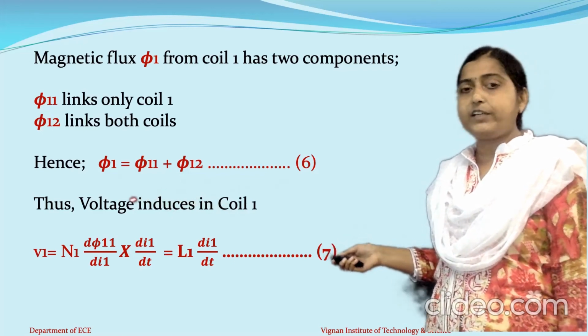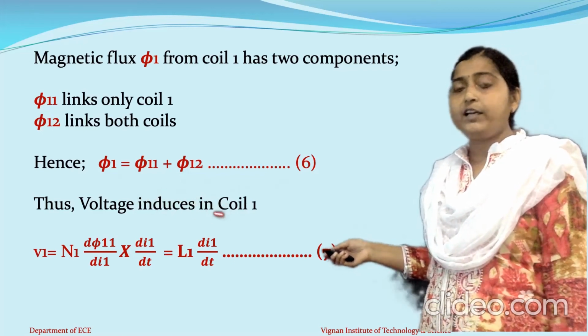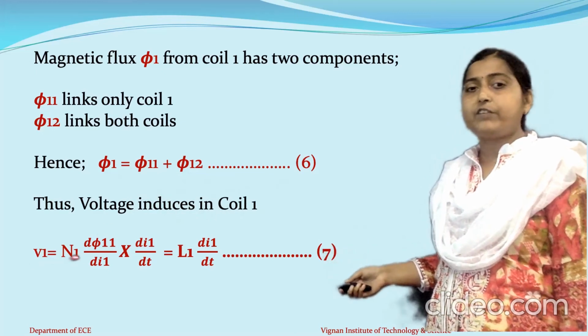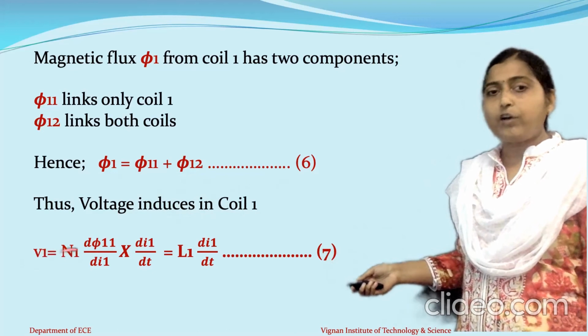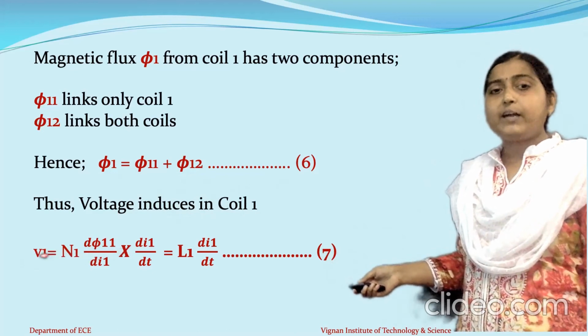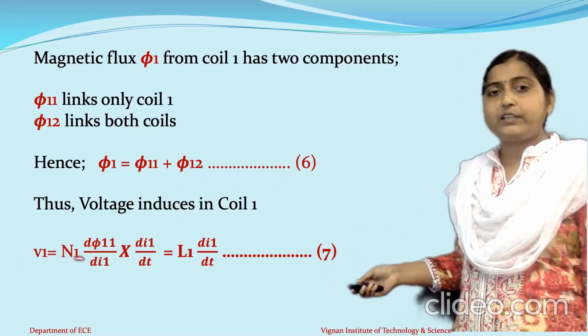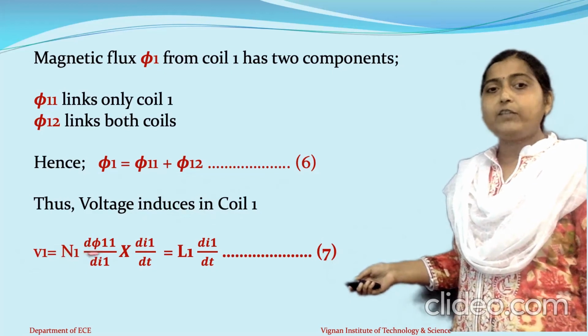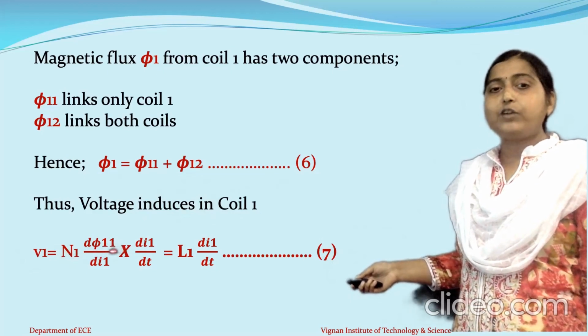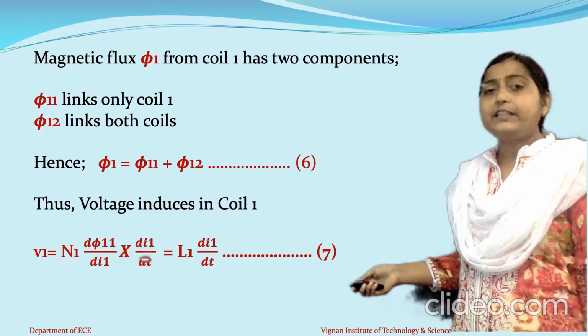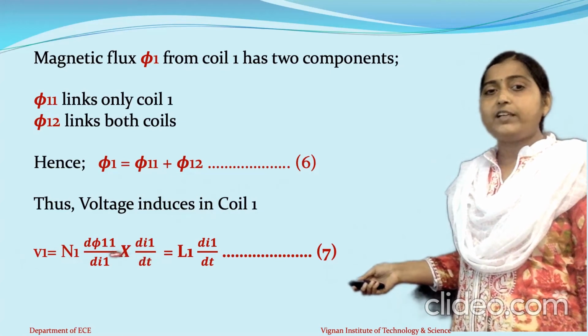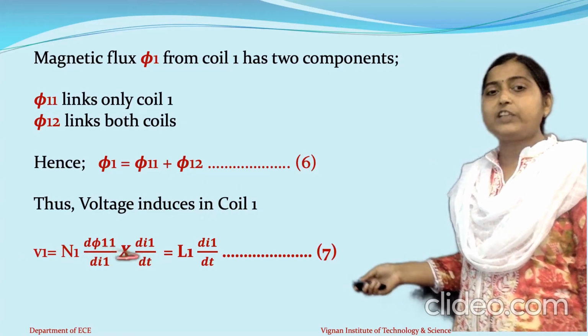Thus the voltage induced in the first coil, which we have represented as V1 in the figure, is given according to Faraday's law by the number of turns in the first coil, N1, multiplied by the rate of change of flux with respect to current, multiplied by the rate of change of current with respect to time. This is what we have already discussed, and I am using the same equation now.